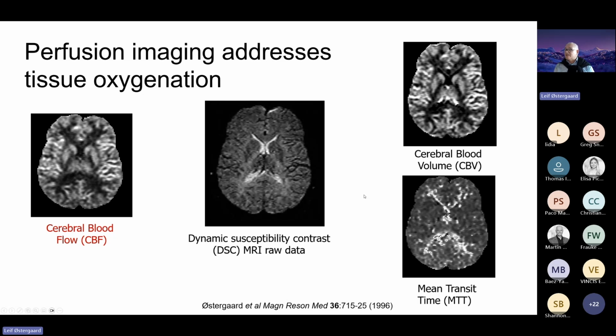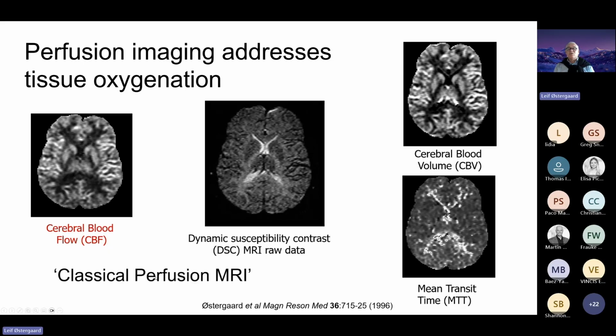And then finally, the mean transit time, the average time that the contrast spends in every voxel in our perfusion image. That's the ratio of the cerebral blood volume image to the cerebral blood flow image. And notice how that's pretty uniform, apart from these white areas where the ventricles are. And you'll see later how that is important, because it gives image contrast when perfusion is low.